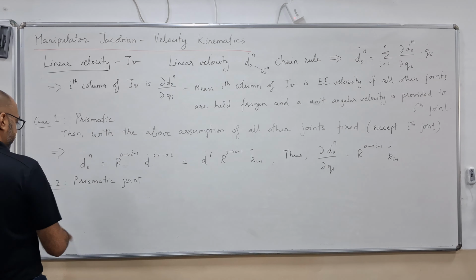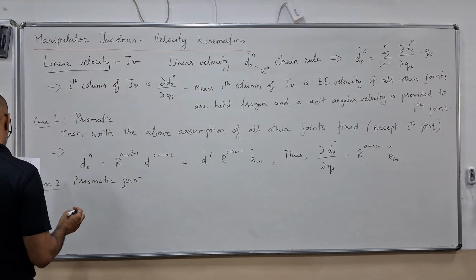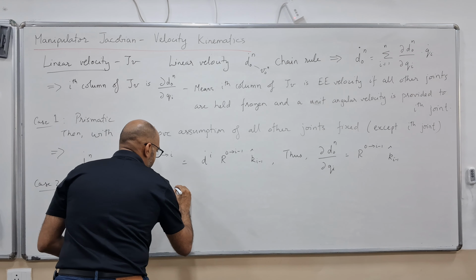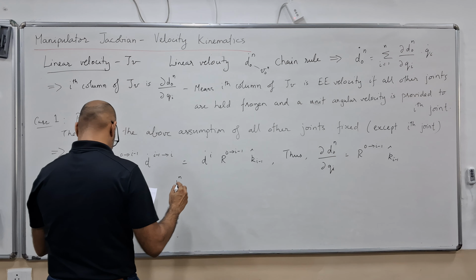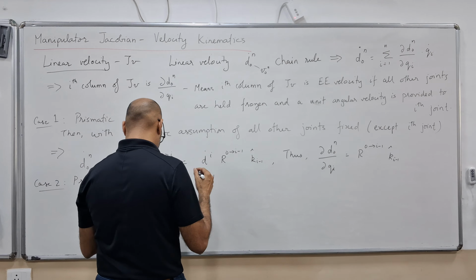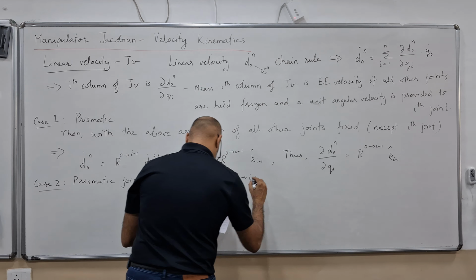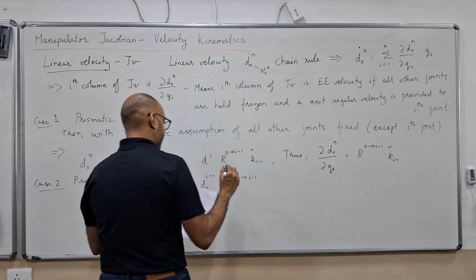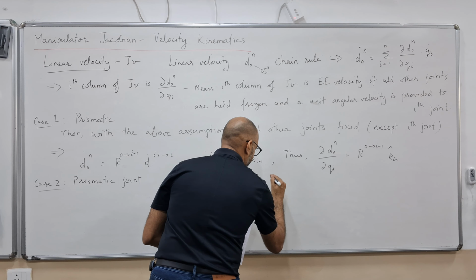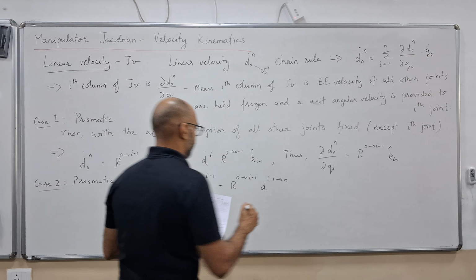Okay, so let's do a couple of steps. First we will write d0 to n as a combination of two vectors, d0 to i minus 1 plus r0 to i minus 1 multiplied by di minus 1 to n.